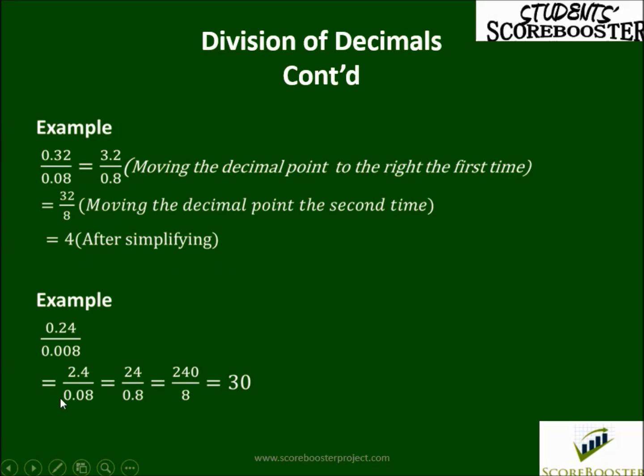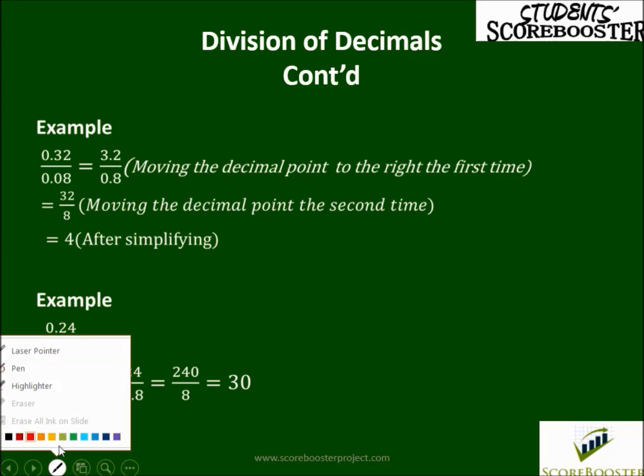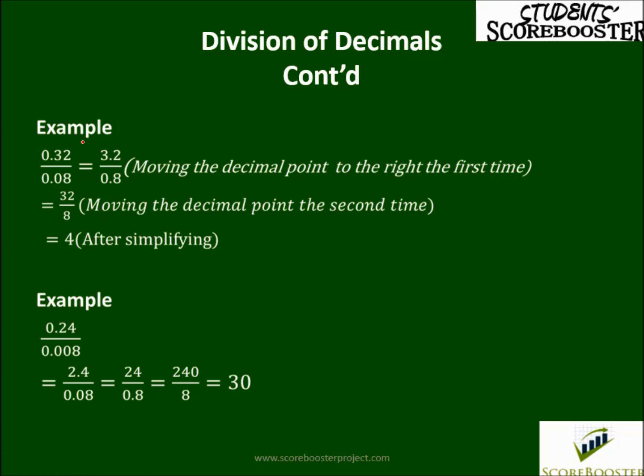0.32 divided by 0.08. The first step, you move the decimal point to the right by one place here, so you move here too. So you have 3.2 at the numerator, and you have 0.8 at the denominator. You still move a second time. So when you move here, you have 32.0, and here you have 8.0.